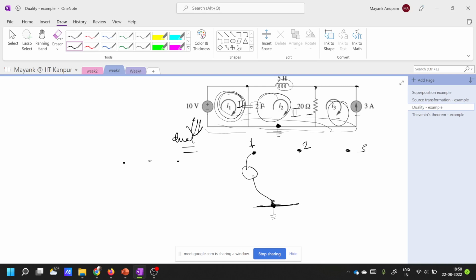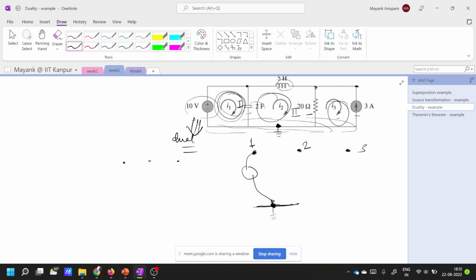Since it is part of only this mesh, I am confident enough to say that its dual element, which is a current source, should only be a part of this particular node and the reference node. Since we are not considering the reference node as a node, this current source should only be associated with this particular node, isn't it?